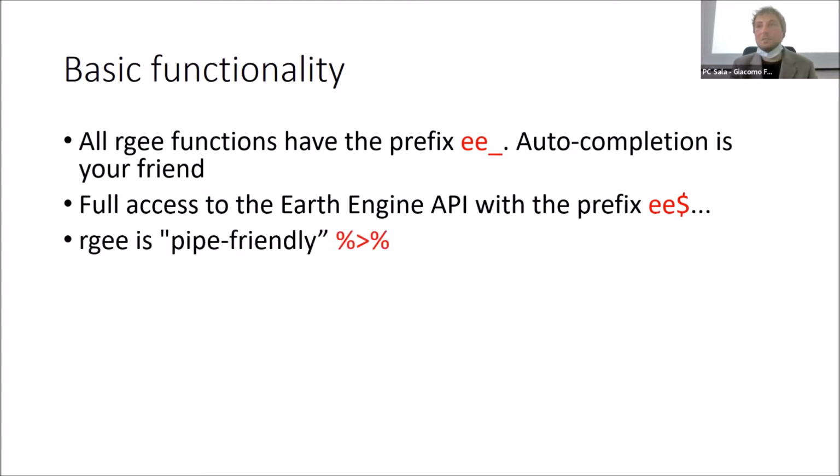In addition, for those of you already familiar with R and with tidyverse, RGEE is pipe friendly. So there is this pipe operator, which is used to combine multiple lines of code in one single block, and you can do this also with the RGEE functions if you're already familiar with R.